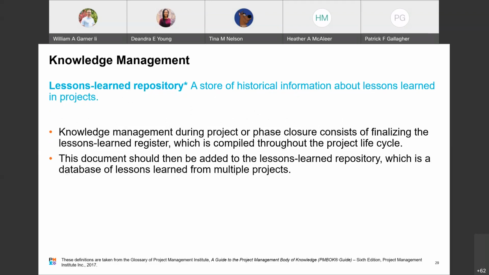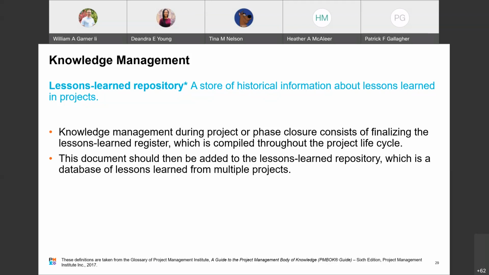Knowledge management during project or phase closure consists of finalizing the lessons learned register, which is compiled throughout the project lifecycle. This document should be added to the lessons learned repository, which is a database of lessons learned from multiple projects. I'm not aware of anything that AT&T has that's formally labeled the lessons learned repository.